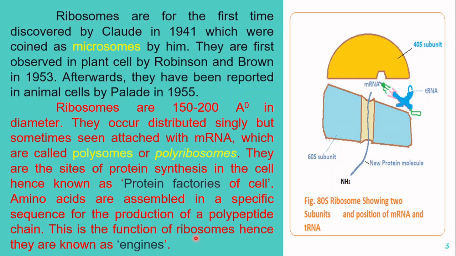Amino acids are assembled in a specific sequence for the production of a polypeptide chain. This is the function of ribosomes, hence they are known as engines, because they assemble different components for the process of protein synthesis. So they are known as engines or protein factories.